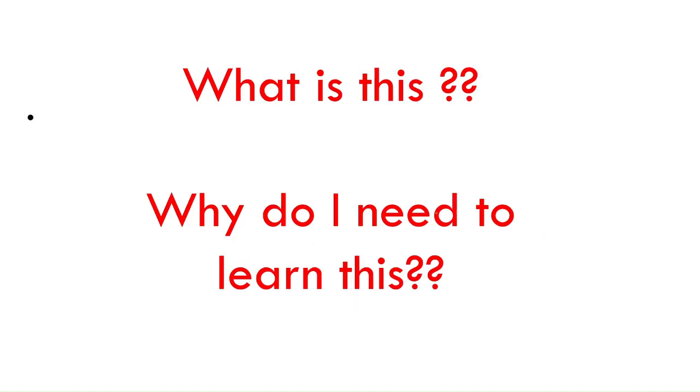What is this comparison of quantities? Why do I need to learn this? For example, you're going to some supermarket, you want to buy something, but you have a certain amount of cash. Whether the cash you have is sufficient to buy all the elements or only a few elements or only one element or not at all.